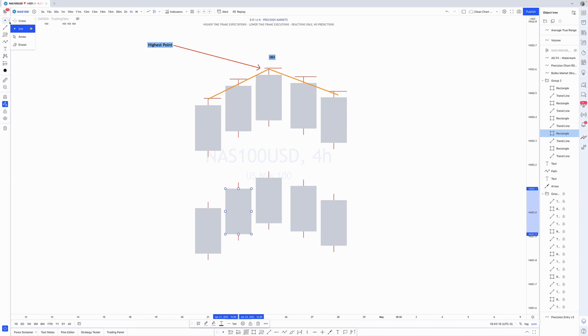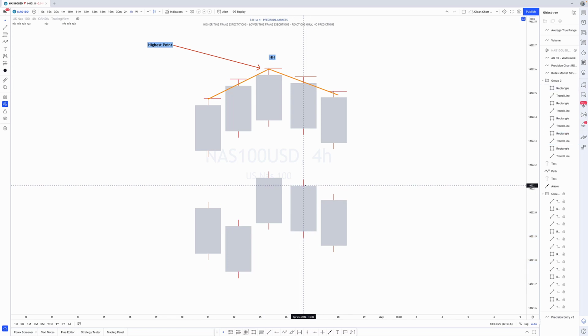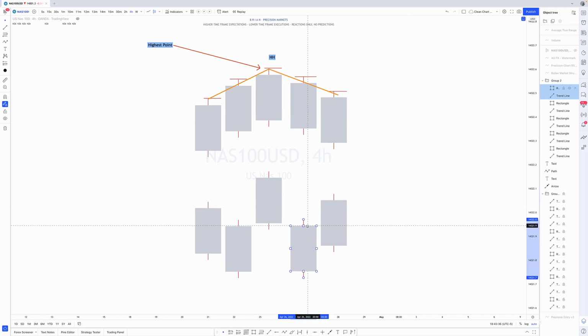Perfect. So now, let's make it easier to move them around. That one goes there. This one goes here.